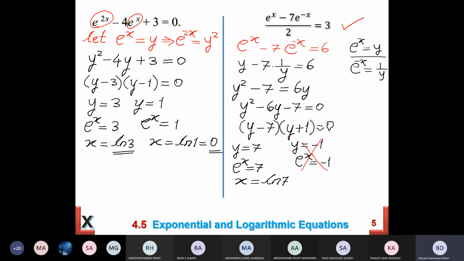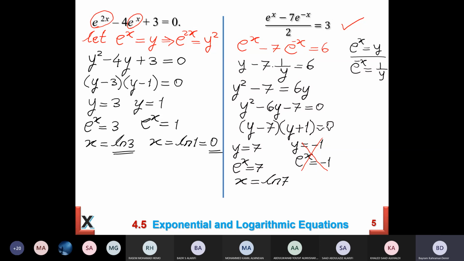How do you know e to the x is not negative 1? The base is always greater than 0. Yeah, so the base is a positive number, of course. So a power of a positive number is always positive.